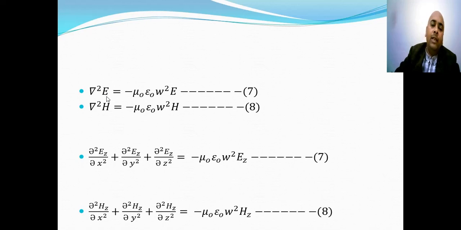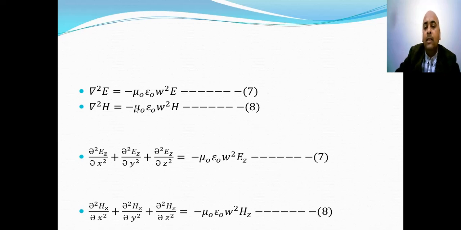So if we represent these wave equations in differential form, then del square E can be written as del square Ez upon del x square plus del square Ez upon del y square plus del square Ez upon del z square is equal to minus mu naught epsilon naught omega square into Ez.